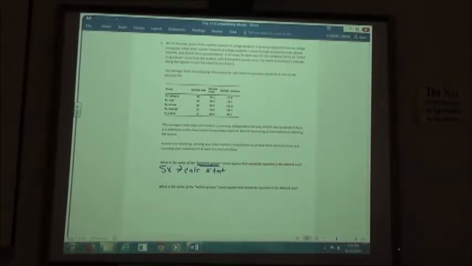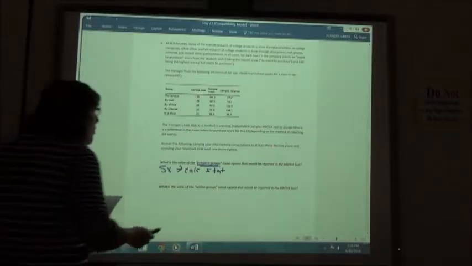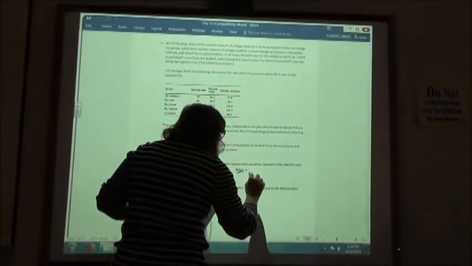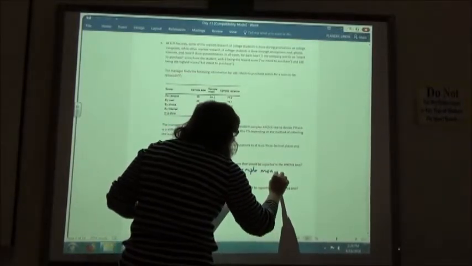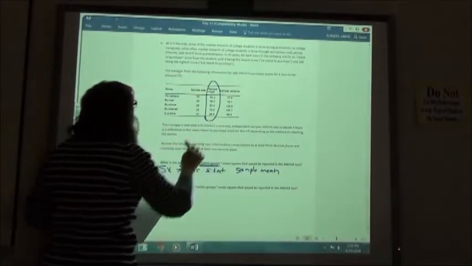So we hit stat, we hit 1 for edit, clear out any data that's in there, put in your sample mean values. These ones right here. So 64.2, 66.0, 62.5, 72.5, 66.3.